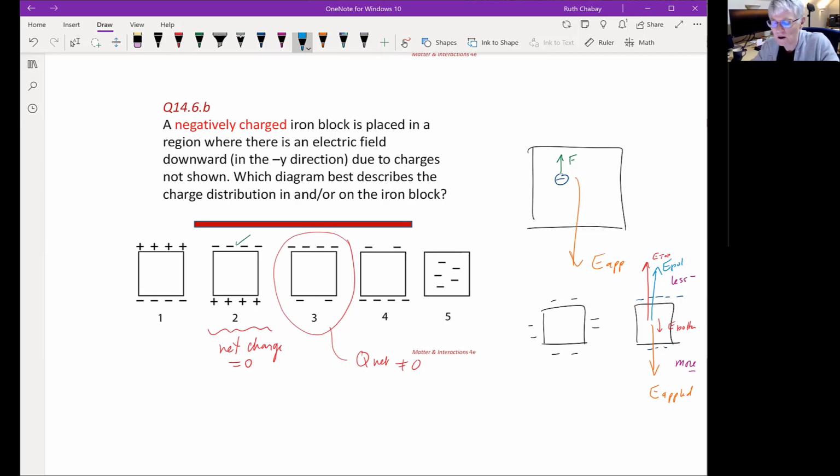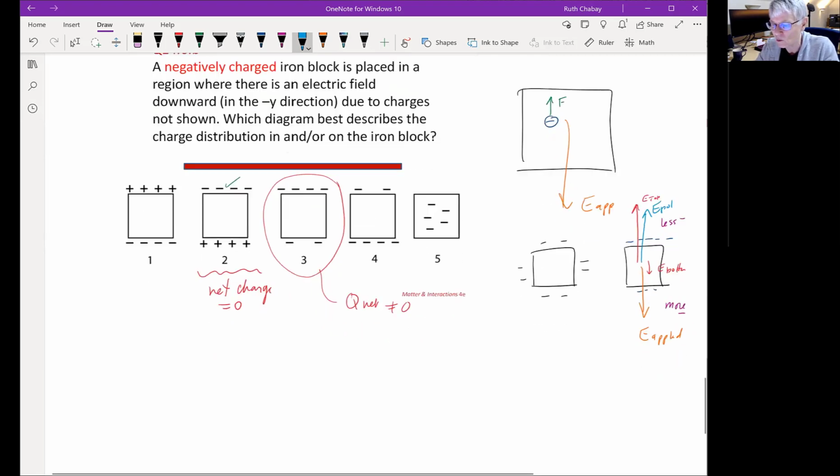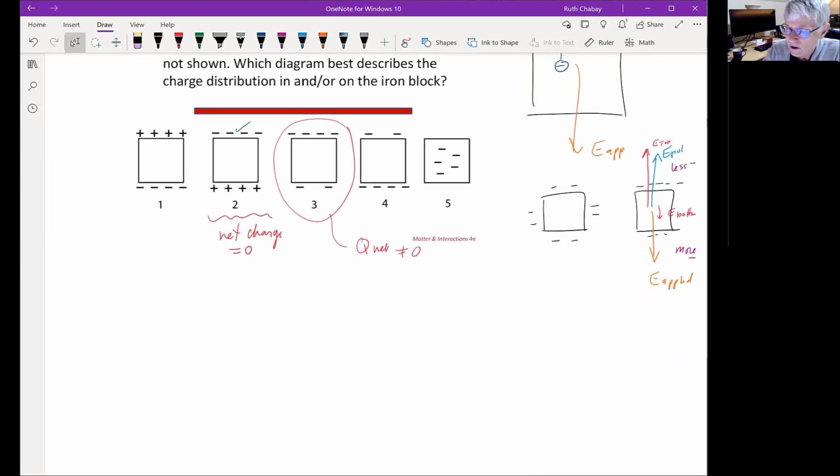Electrons always move opposite to the net field no matter what. So remember that this vector equation F equals QE describes forces on particles. If Q is negative, that says that the direction of the force is going to be opposite to the direction of the field.